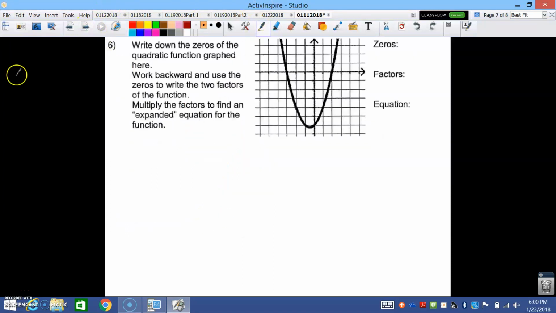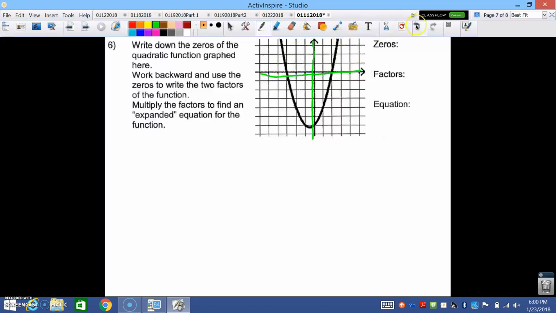Okay, so here we want to write down the zeros of the quadratic function graphed here, and we're going to work backwards and use the zeros to write the two factors of the function, and then we want to multiply to see our expanded equation or our quadratic equation. So here, notice this is hard to see, so this is our y-axis, and this is our x-axis.